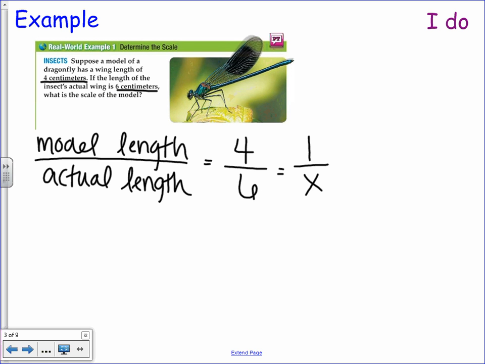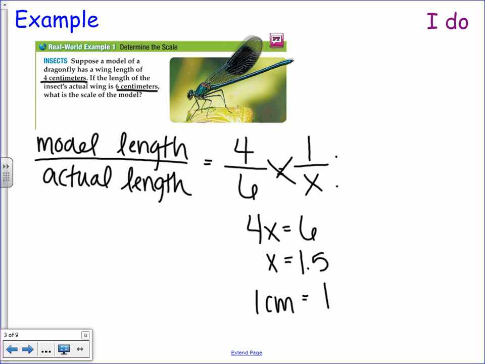So what is the scale, right? We're doing 1 to whatever it is that we're trying to find. We cross multiply, we get 4x equals 6. Divide 6 by 4 and you get 1.5. So 1 centimeter is equal to 1.5 centimeters.